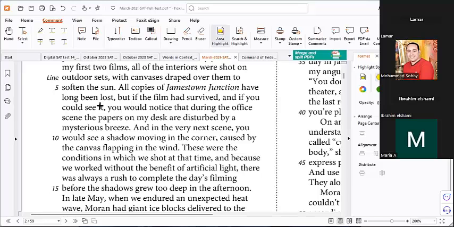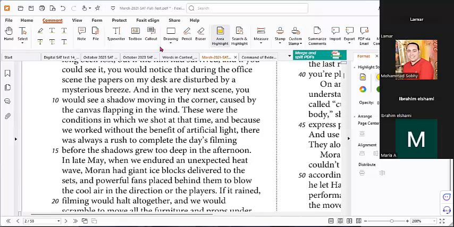And in the very next scene, you would see a shadow moving in the corner, caused by the canvas flapping in the wind. These were the conditions in which we shot at that time, and because we worked without the benefit of artificial light, there was always a rush to complete the day's filming before the shadows grew too deep in the afternoon.